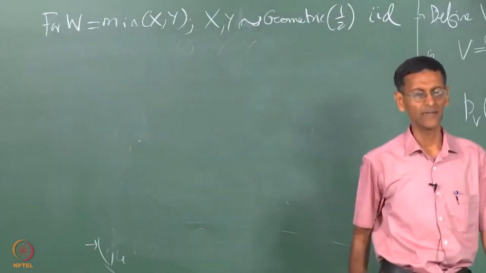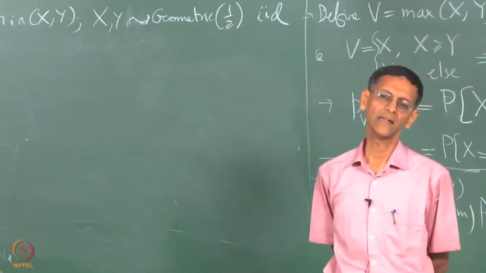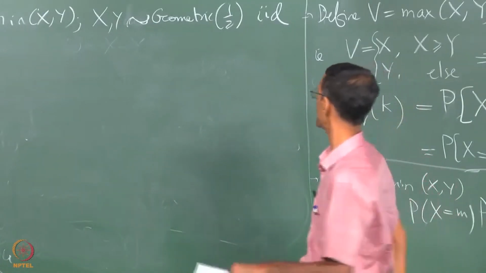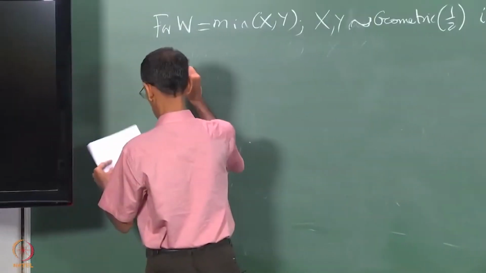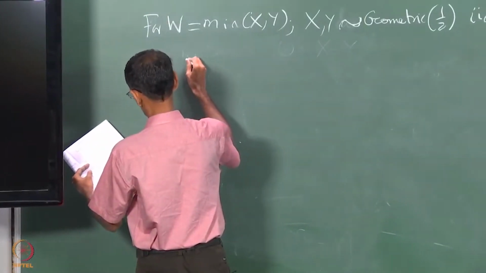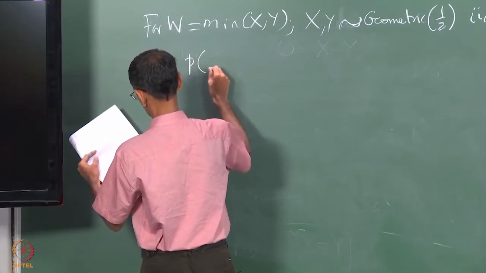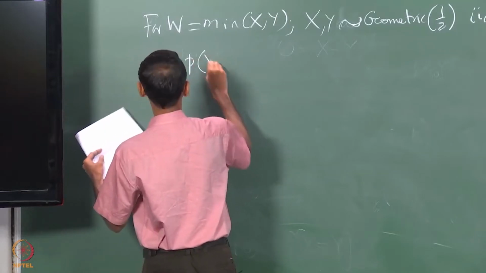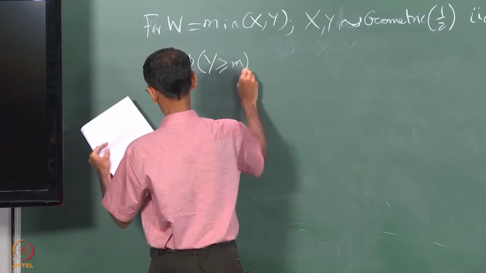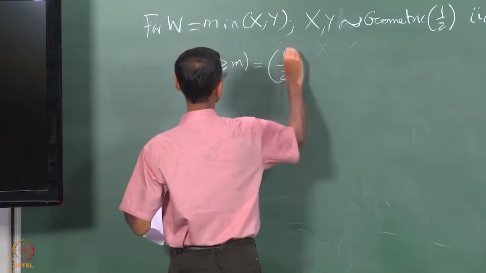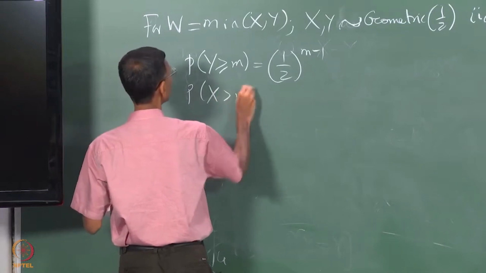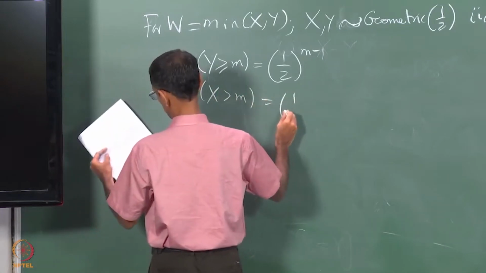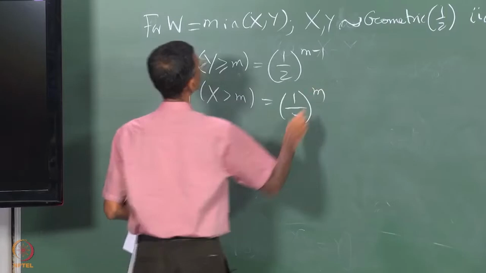In other words, they are independent and identically distributed with geometric parameter half. Then you can show that P(Y greater than or equal to m) will be half power m minus 1. What is P(X greater than or equal to m)? It will be half power m.